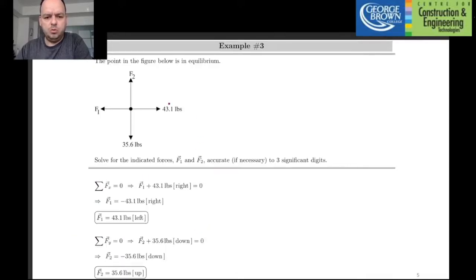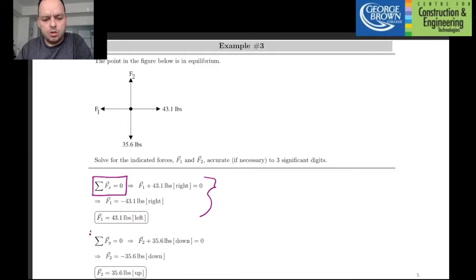In this third example, we extend and build on the previous example by adding a downward force. So now, how does this downward force change the answer? Well, the first part is identical to example 1 and 2, because the x direction, the forces are still in the same relation.